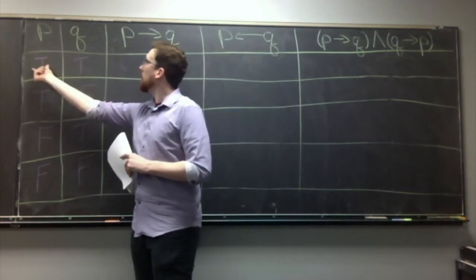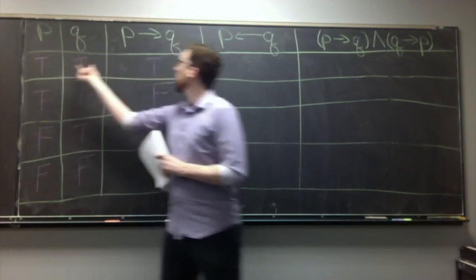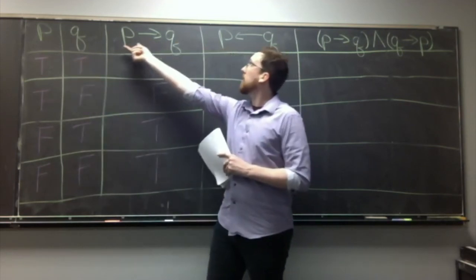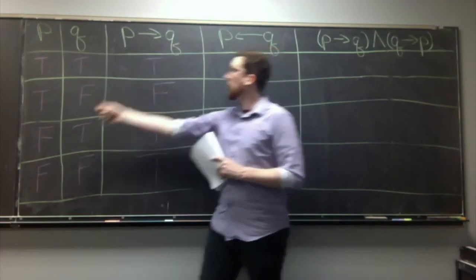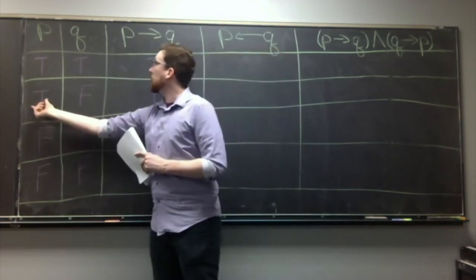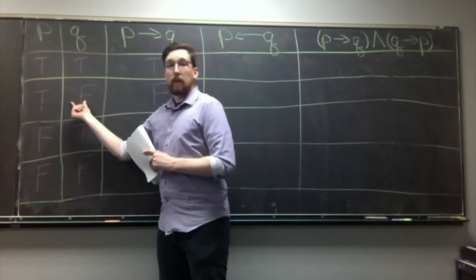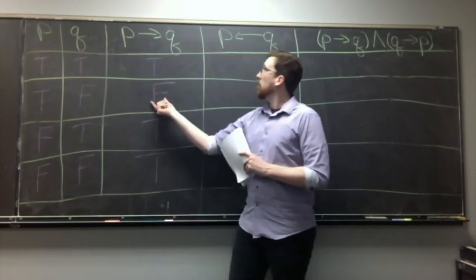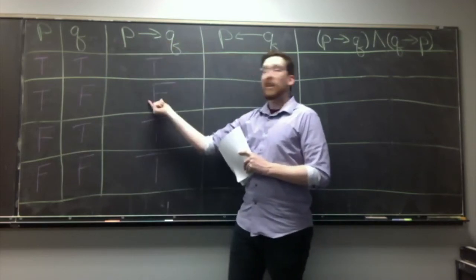If P is true and Q is true, then what we've got here is P implies Q is also true. If P is true and Q is false, then the statement if P then Q is false.